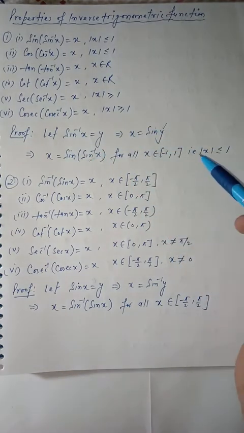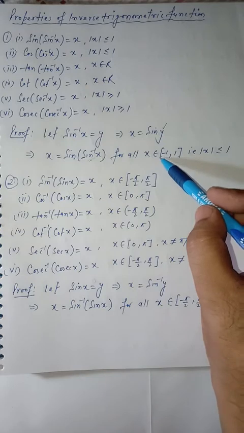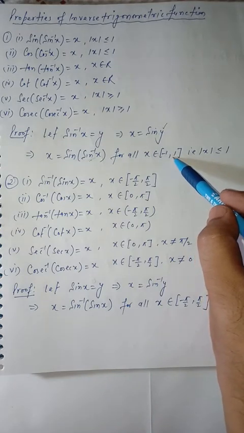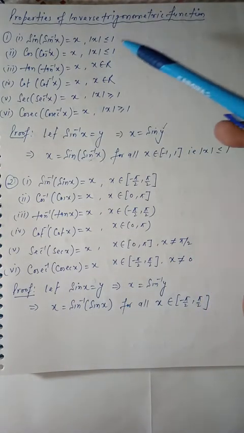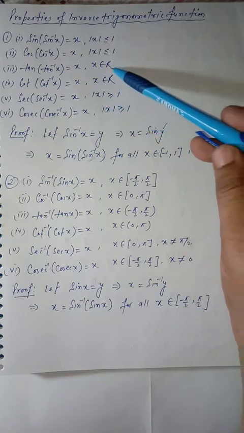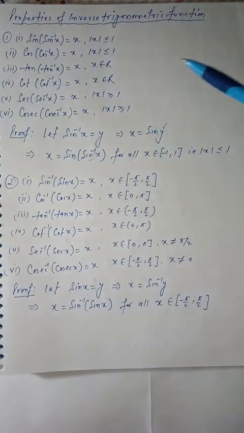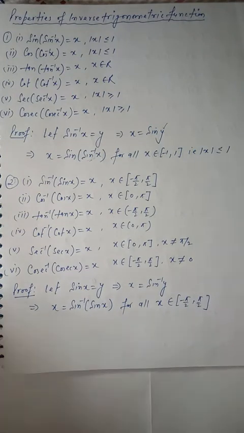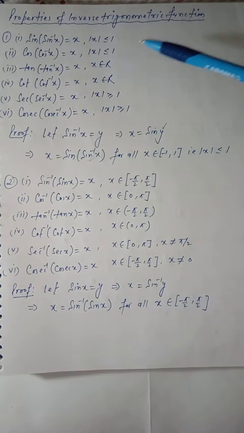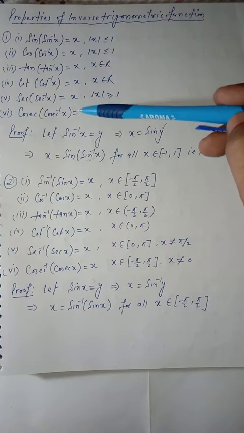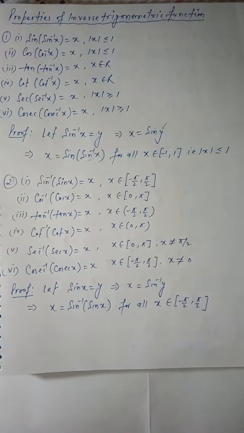Why am I saying this? Because x is from -1 to 1. In the same manner, the rest of the functions give x. So this is a very important property and you have to just memorize it. Under the domain, in all the cases we will get an identity function.